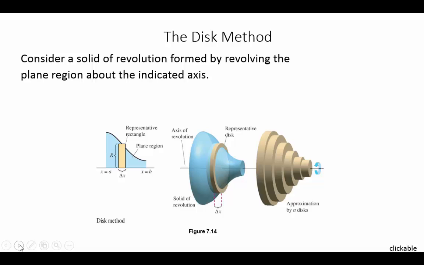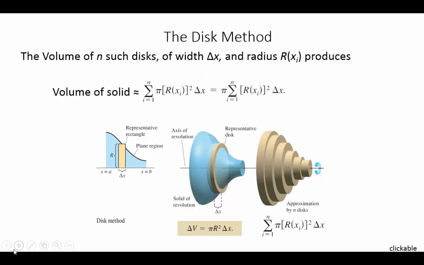Since we know that the volume of this disk is pi r squared times the width, which is delta x, then we're going to be doing a summation, right? What does this turn into as an integral when n goes to infinity? The integral from a to b, pi times r of x squared, r of x is just this function here, gives you the height of the representative rectangle, times dx.